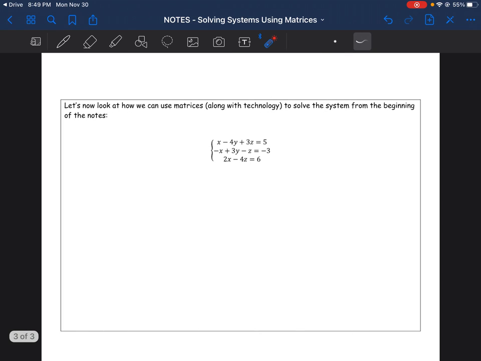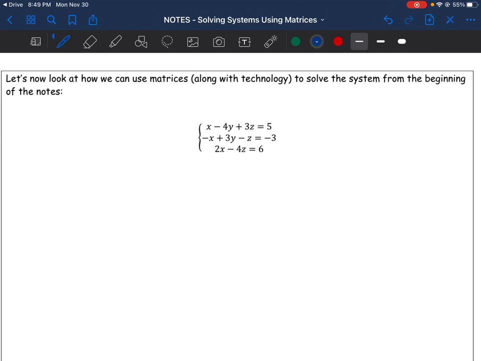Now let's look at the one from previously. At the very beginning of the notes, we had that system with 3 unknown variables, and instead of solving this one by hand, I'm going to show you how we can use technology to solve this system. So first things first, let's go ahead and write this out as the coefficient matrix times the variable matrix is equal to the constant matrix.